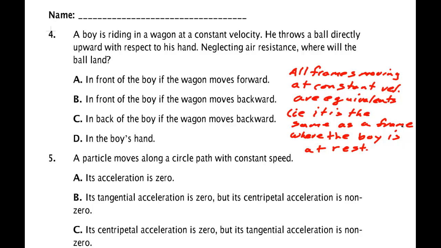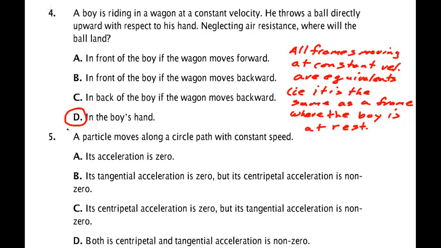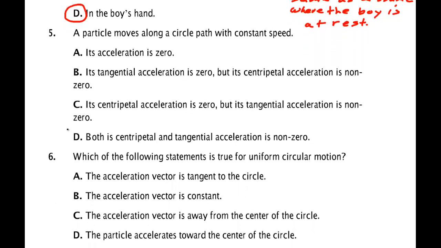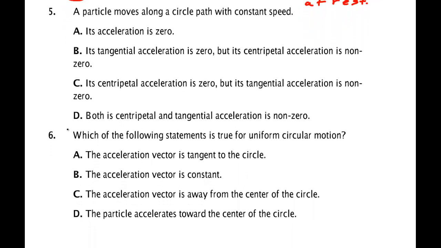In fact, the earth is not at rest, it's moving, but it behaves as if. So when you throw the ball up, the ball comes straight back down in the boy's hand. There is no difference. Motion is relative. There's no such thing as absolute motion. Now, if he was accelerating, then we would get a different answer. This is discussed in part in those movies called the frames of reference that I assigned.